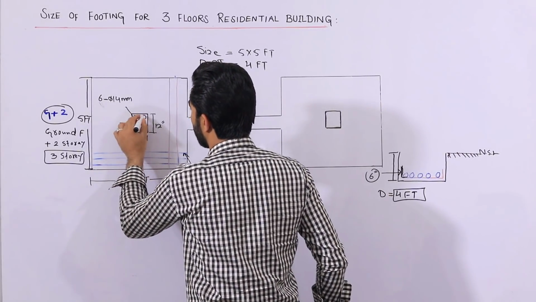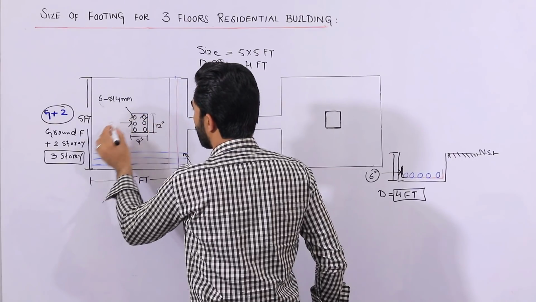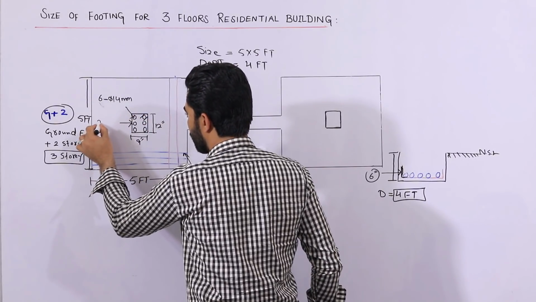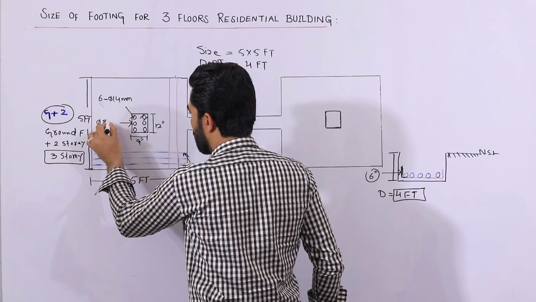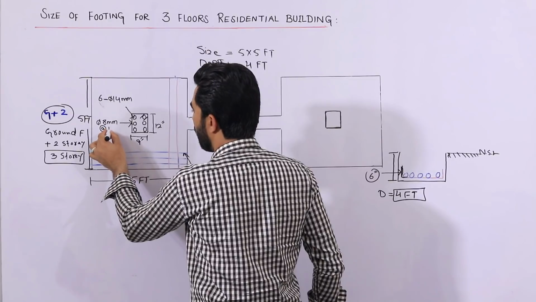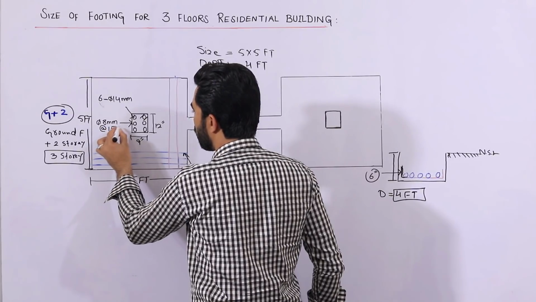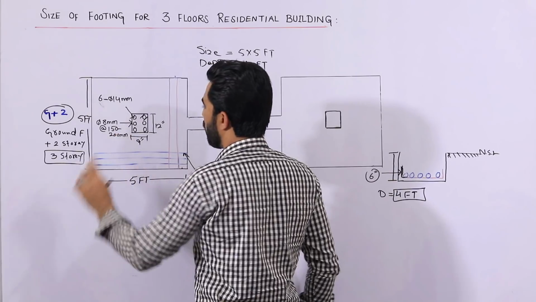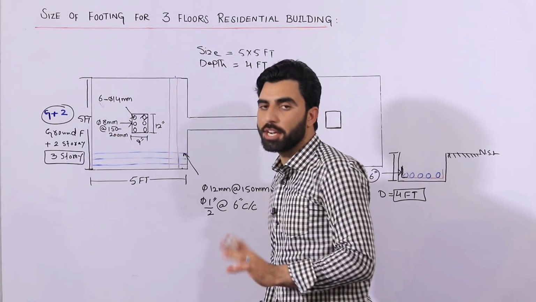Guys, you can see this is lateral tie inside this. So the lateral tie dia should not be less than 8 mm with the spacing of 150 to 200 mm. This is ring diameter and its spacing.